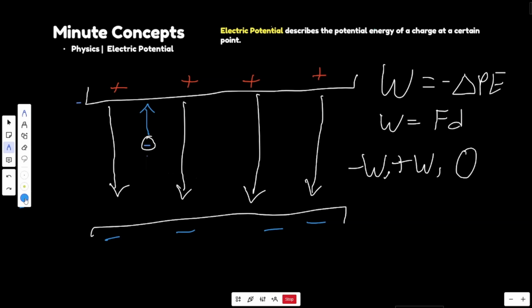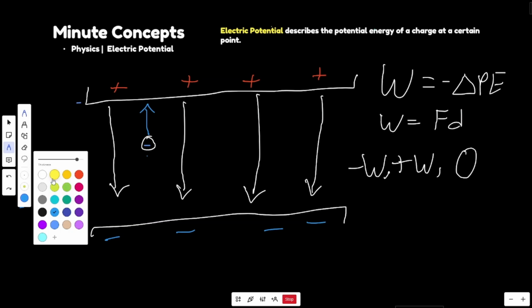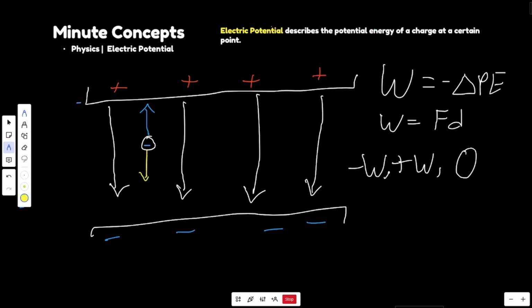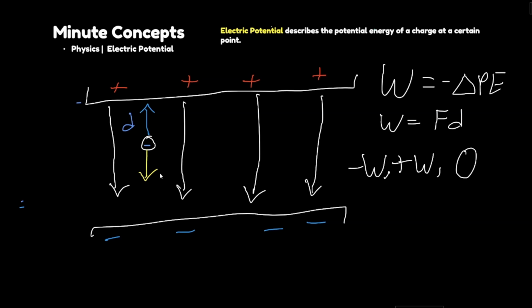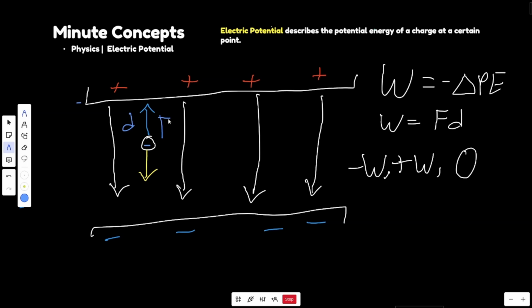Let's highlight that with a different color. Let's use yellow. The field wants it to go this way. So the charge is displacing on the top. It's displacing away from the field, where the field wants it to go. However, the force that it's experiencing is pushing it in this way. So it experiences positive work due to the charges here.